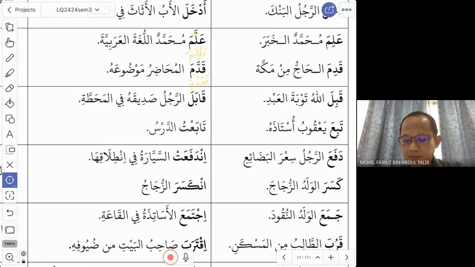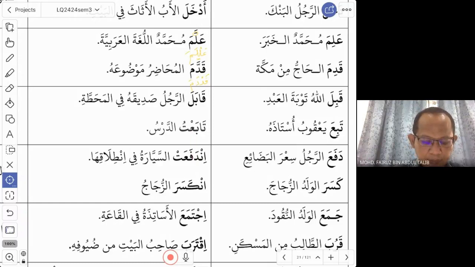Another misal, tabi'a. Tabi'a Yaqubu ustazahu. Tabi'a, a 3-letter fi'il, so this is fi'il mujarrad. Tabi'a means follow. Yaqub followed his ustaz, his teacher. Now the fi'il is changed to taba'tu.